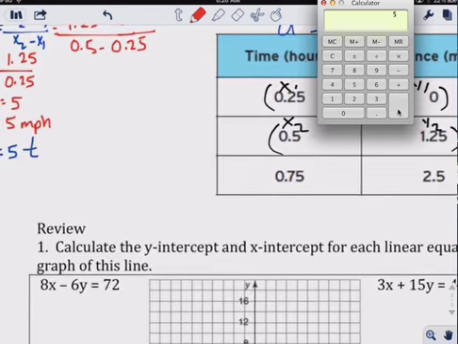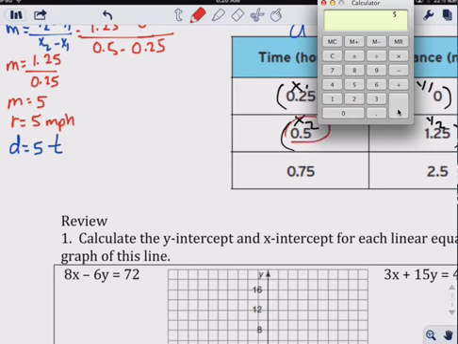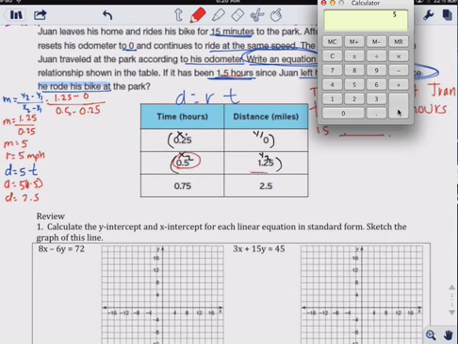Check to see if our answer is correct. We input time, distance equals 5 times 0.5. Distance then should be, and it is shown incorrect. See how it doesn't match? That means this equation is not correct.